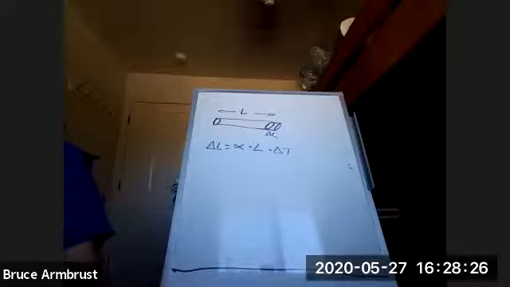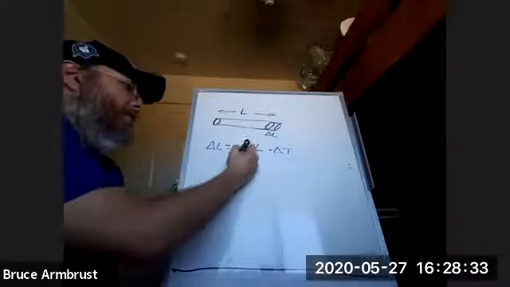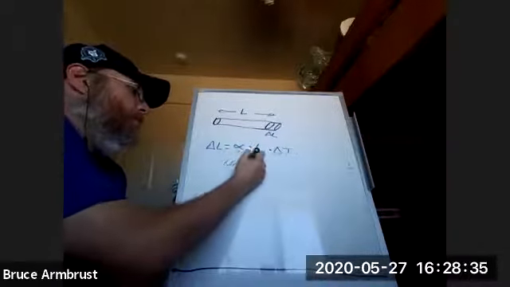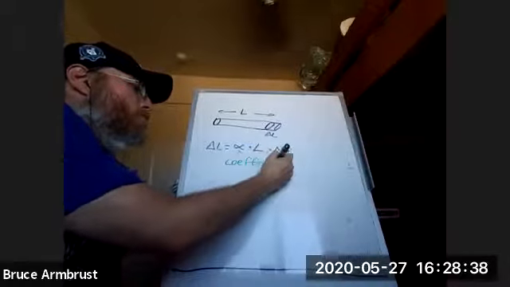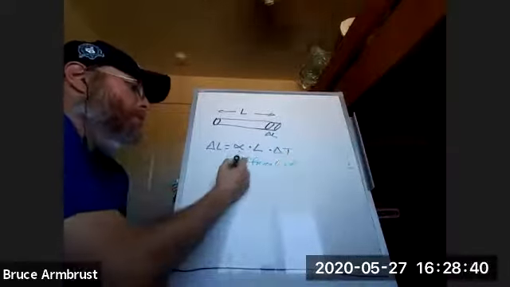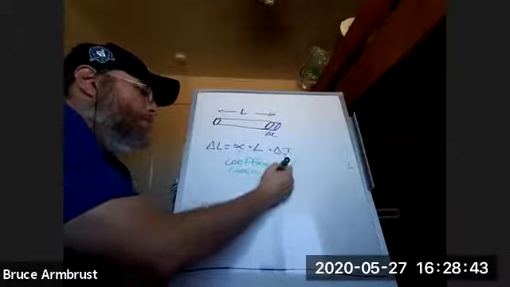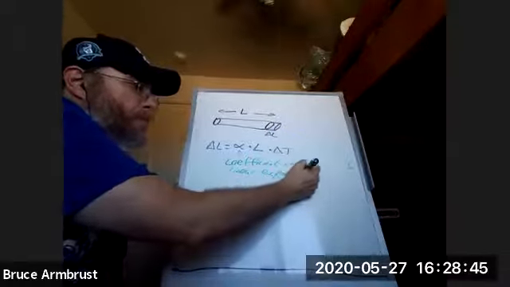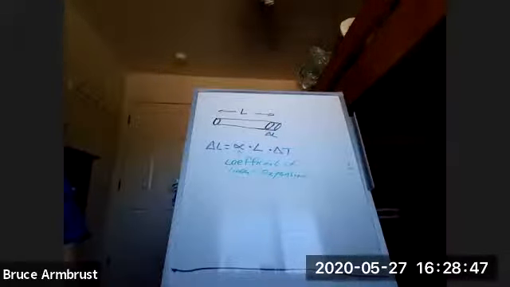Alpha is dependent upon the material, and we call that the coefficient of linear expansion. And that's going to be totally dependent upon the material itself. Again, in general, metals have a greater coefficient of linear expansion.